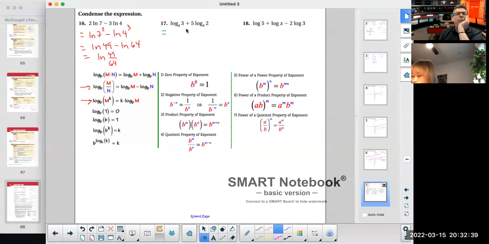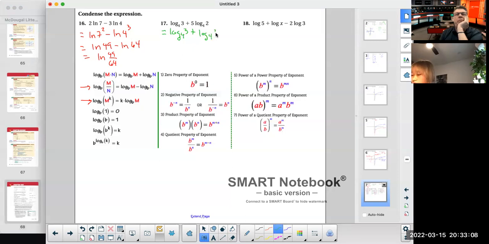Nothing I can do with the first one, is there? What can I do to the second one? Log 2 to the power 5.